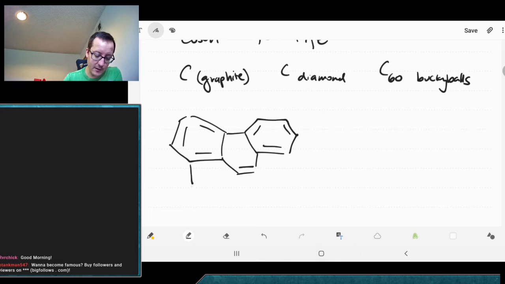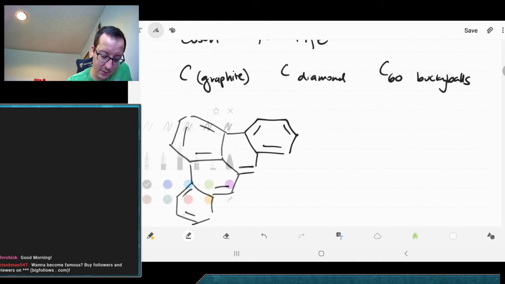Just connections of these large lattices of benzenes. We have all these hexagons, lovely bonded together. What's interesting though is that these can conduct electricity.